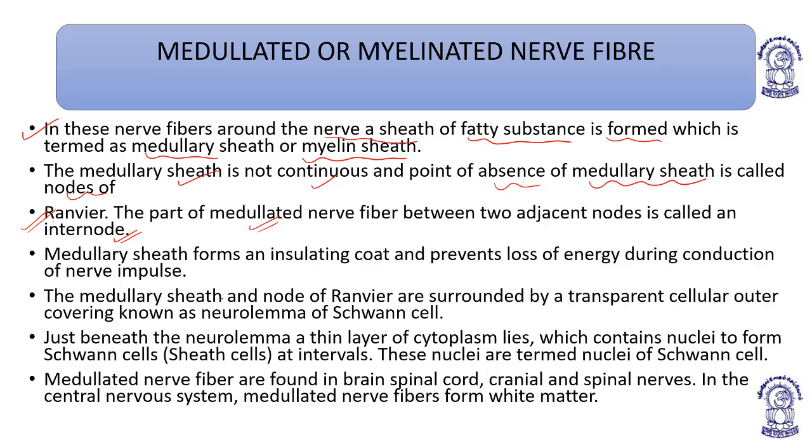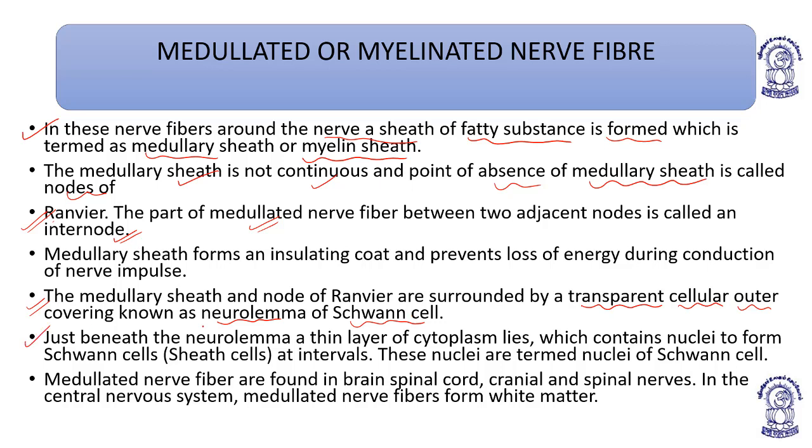The medullary sheath and the node of Ranvier are surrounded by a transparent cellular outer covering known as the neurolemma of the Schwann cell. The Schwann cells are basically covered by a membrane known as the neurolemma, or we can say the Schwann cells cover the whole of the axon membrane in myelinated or medullated nerve fibers, and that continuous covering is known as what? Neurolemma.